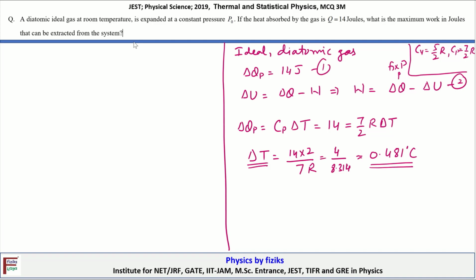Now delta U is equal to Cv delta T. Because we are taking 1 mole here, we are doing the calculation per mole, so n will be unity.